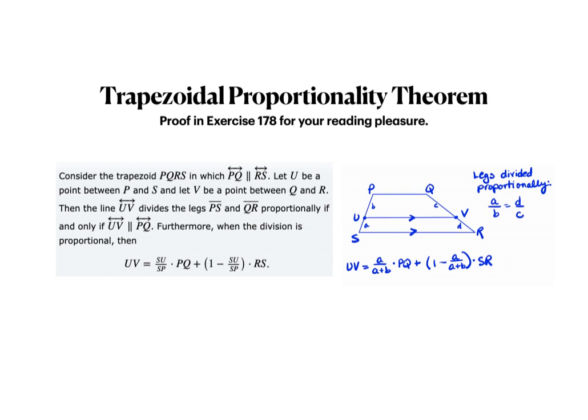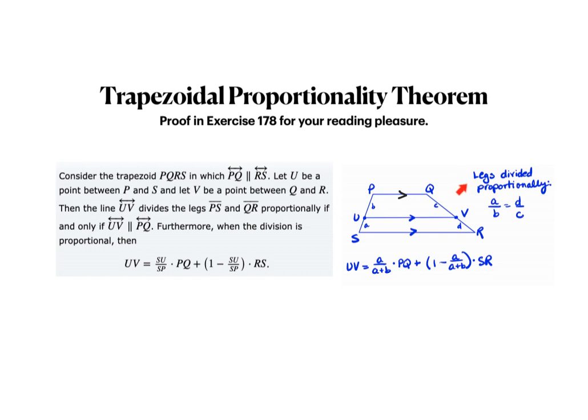And just to make it a little bit more clear, I put in some single letters to represent the legs, the pieces of the legs. So I know that my midsegment UV is equal to A over the sum of A and B times the base PQ plus 1 minus A over the whole length of SP, A plus B, times the base SR. And then one more thing, I want to put another parallel mark there because those are my bases.